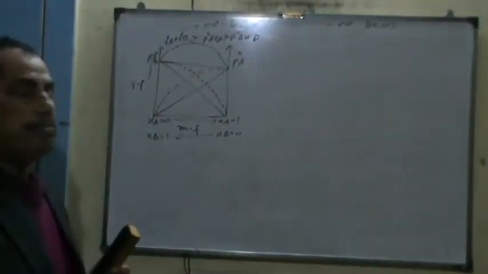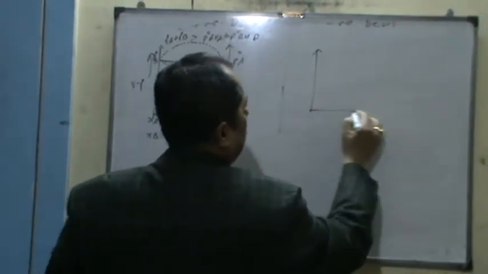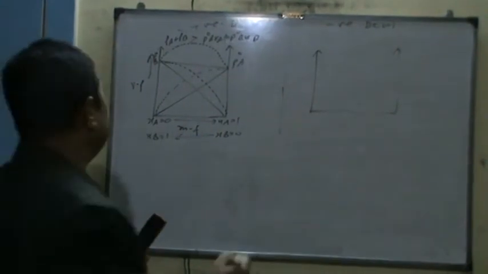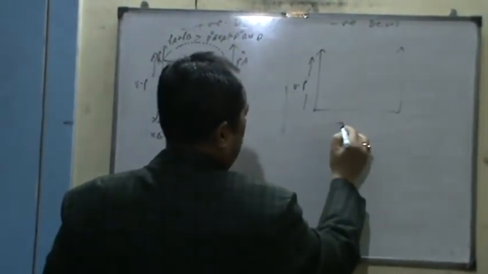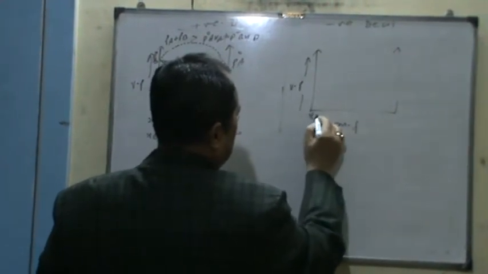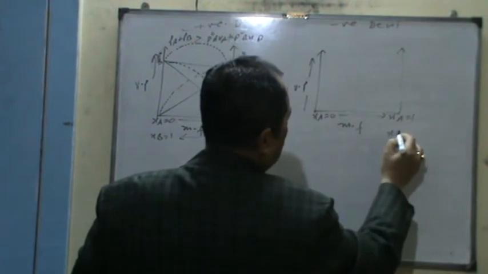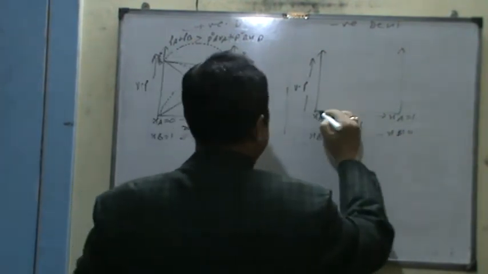Now dear students, just explain the graph by taking Raoult's law once again. It is the vapor pressure versus mole fraction, 0 to 1, and solvent again equal to 1.